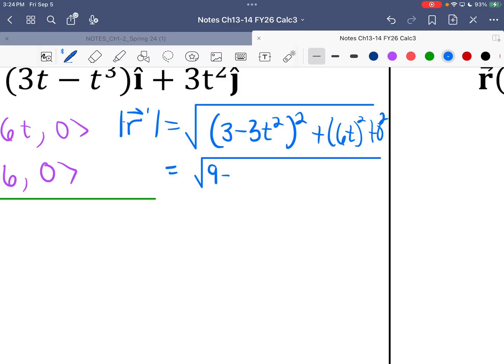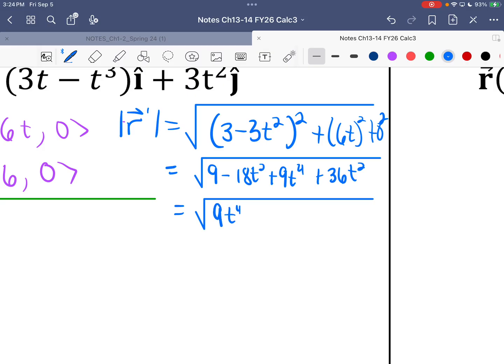Nine minus 18t squared plus 9t to the fourth plus 36t squared plus 0. Nine t to the fourth. Okay, so we have 36t squared minus 18t squared is positive 18t squared plus 9.